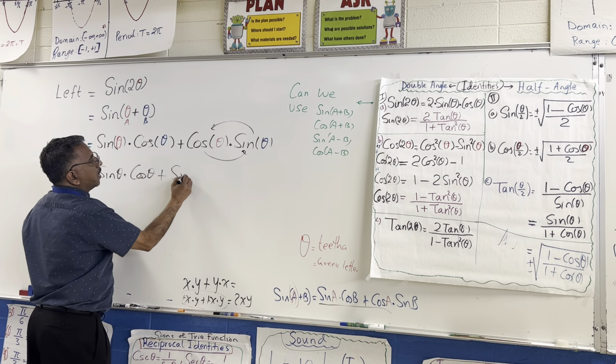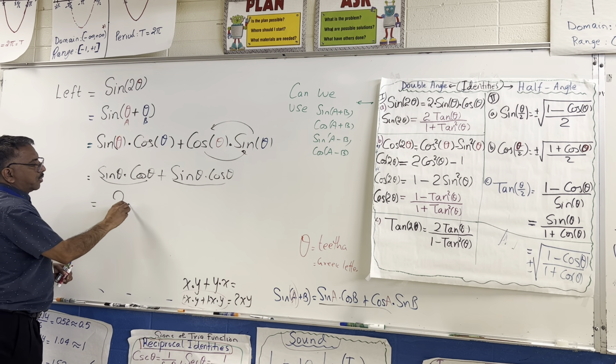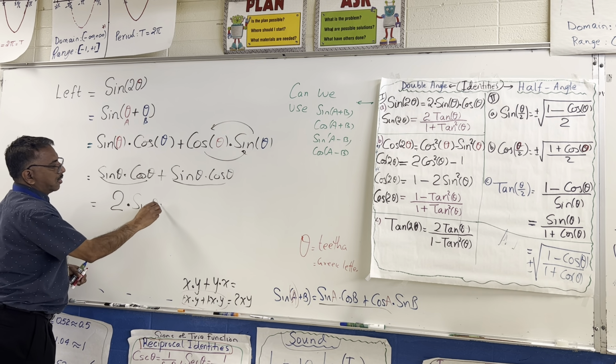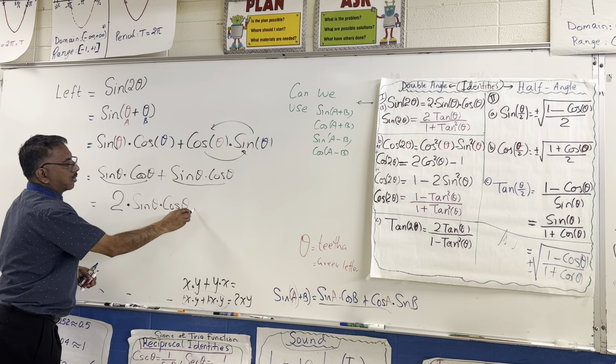Is that okay? And then they are the same, right? So you just write twice. So this and this is twice. So we say, 2 times sine theta times cosine theta. Is that okay?